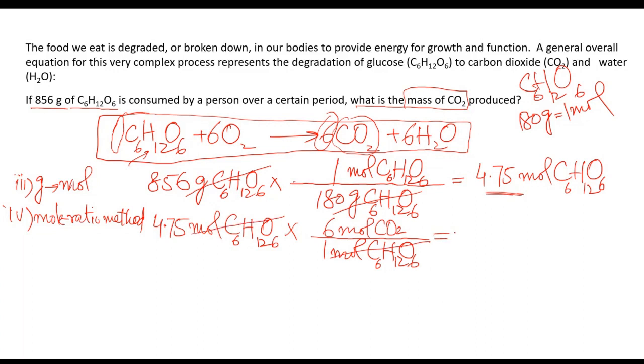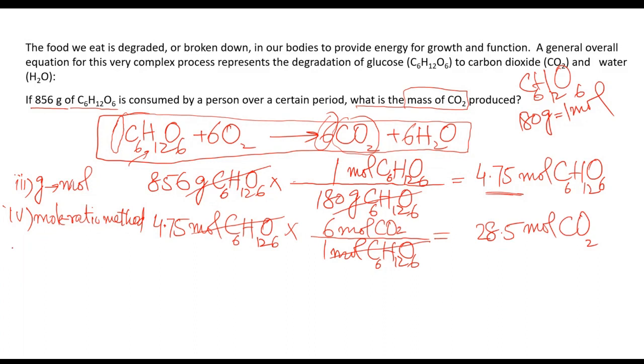When you use the calculator, 6 5s are 30, 6 7s are 42, so 28.5 mole of CO2. This is your answer after step number 4 in moles.